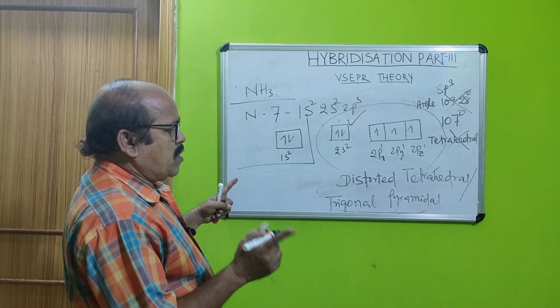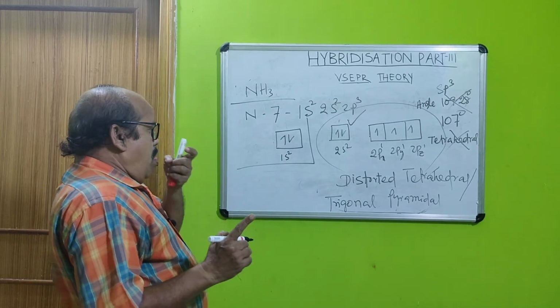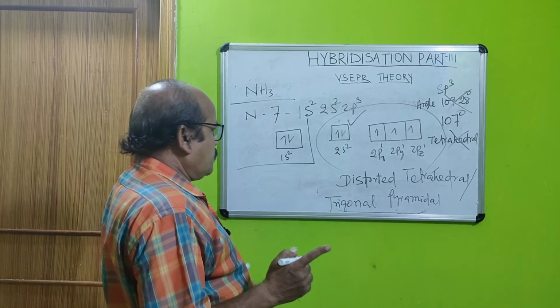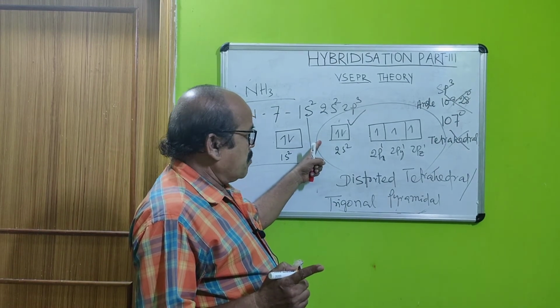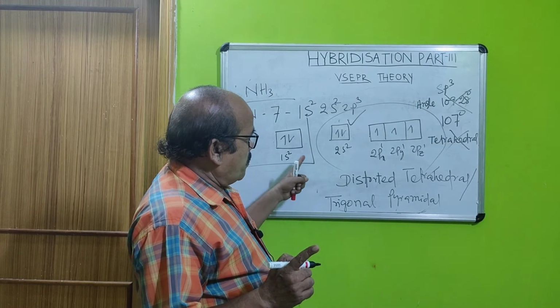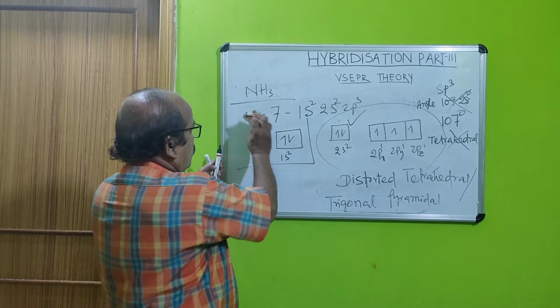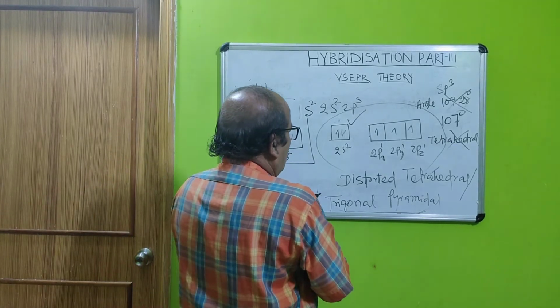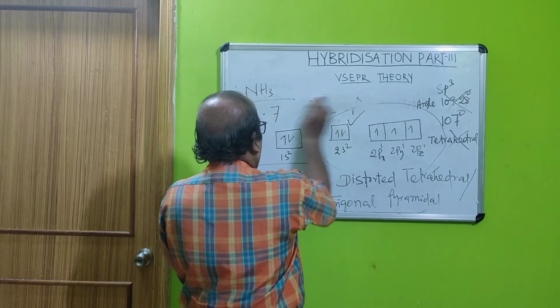Angle should have been 109.28 degree or 109.5 degree. But because of the presence of a lone pair of electrons, VSEPR theory will be applied here. Lone pair, bond pair, and what else is there?